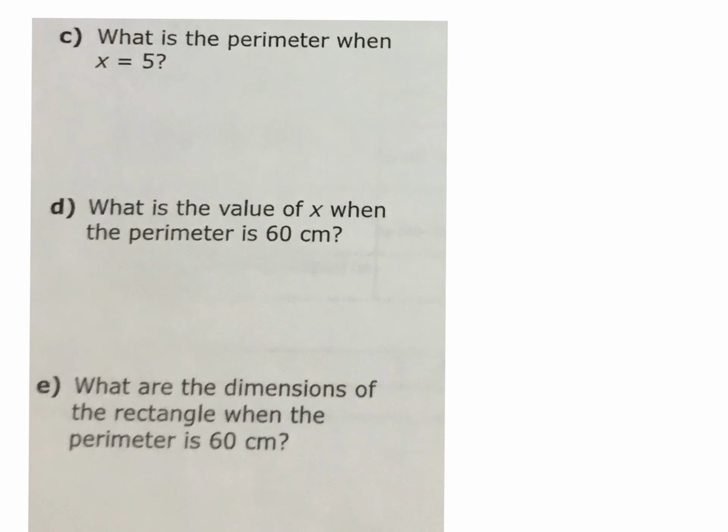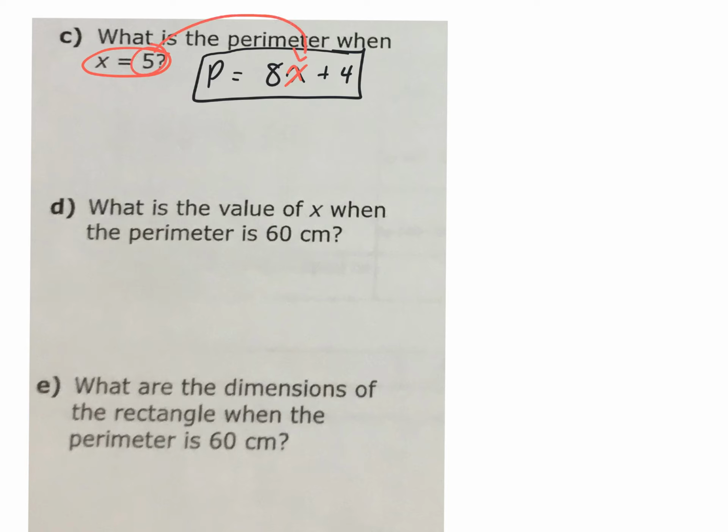What is the perimeter if the x is equal to 5? Well, what was our perimeter? It was 8x plus 4. That was the simplified expression of the perimeter. Now, they tell us that x is equal to 5. So what do I do with that information? Plug it in, right? Replace the x with the number they tell you it's equal to.